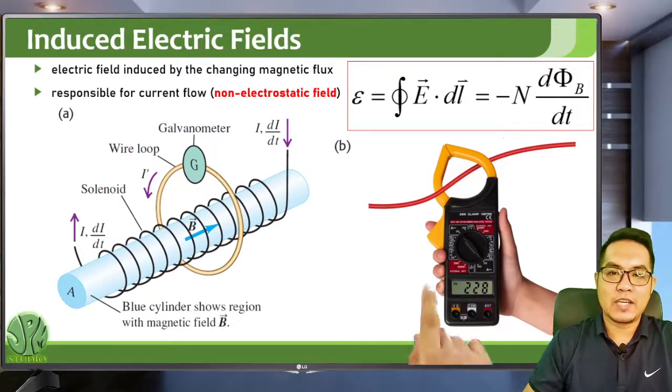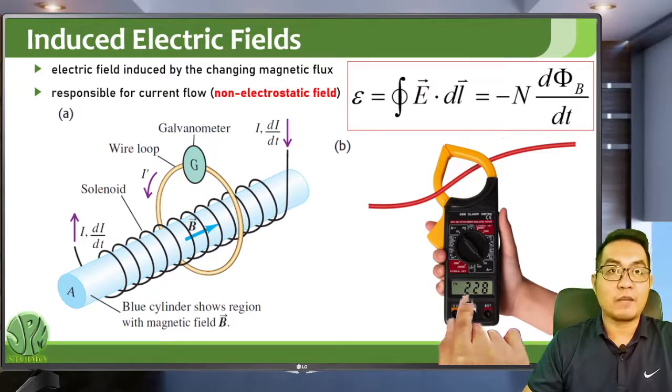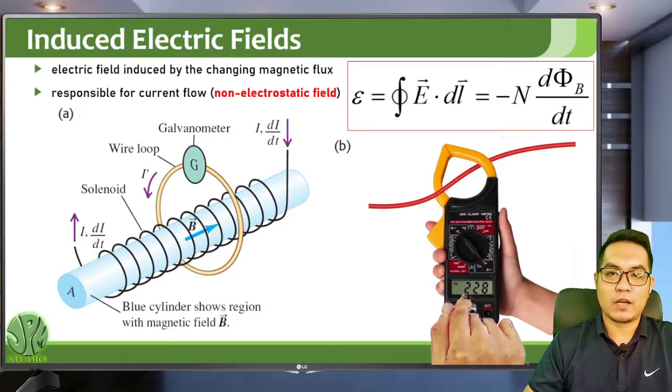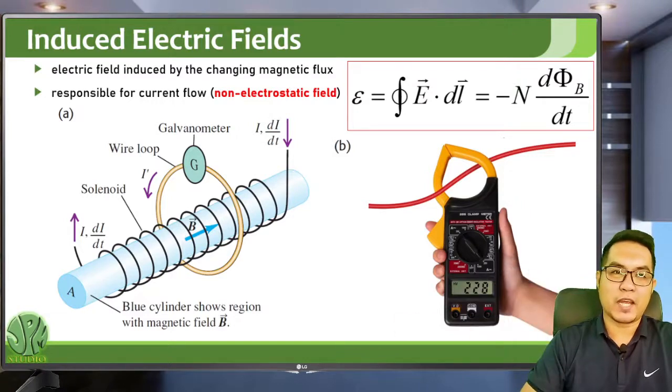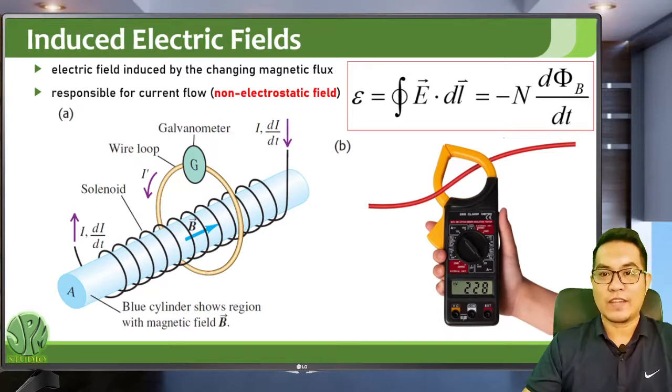In this case, it's reading alternating voltage, 220 volts AC. So that's how we measure. That's one practical application of induced current, induced EMF, and induced electric fields.